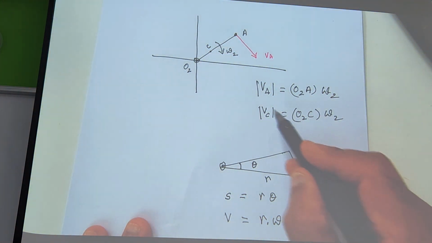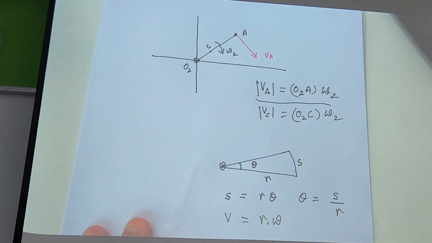Therefore, we can connect the linear variable to the angular variable. S is a linear variable, theta is an angular variable. So angular displacement, linear displacement. R is the position, so we can say position vector.